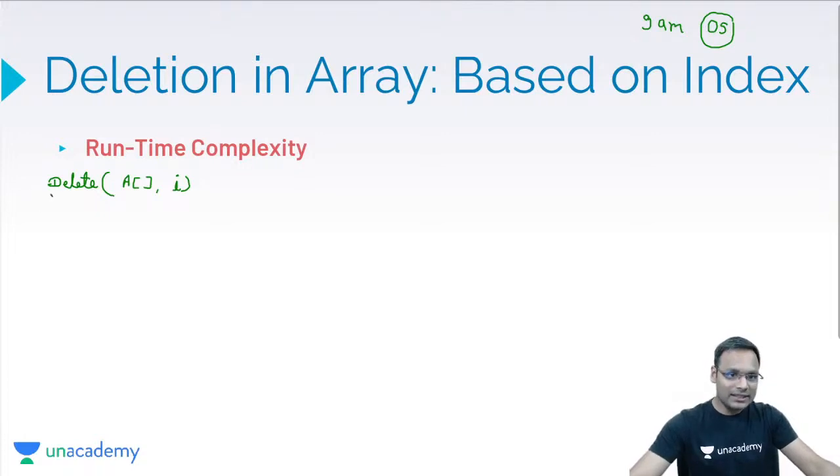In this algorithm, the very first thing we are going to check is the underflow. If n is equal to 0, all elements are gone, so you can print underflow, or just say it's an underflow situation and return from the algorithm.